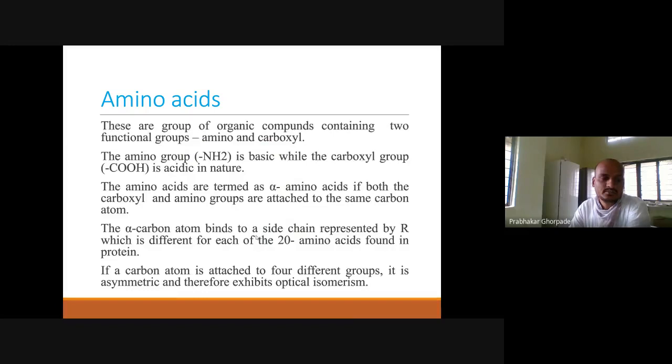Next, if a carbon atom is attached to four different groups, it is called asymmetric, and therefore exhibits optical isomerism. The central carbon atom in our amino acid, if it is attached to four different groups, we call an asymmetric carbon atom, and it will exhibit optical isomerism.